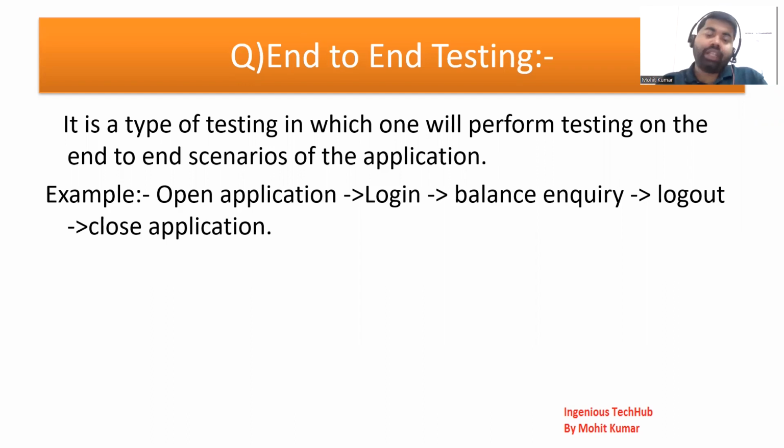We will get many end-to-end scenarios. Like, I log in to the Amazon application, I search for the product, I add to cart, I make the payment, then an order ID will be generated. This is another example of end-to-end testing. You can have many end-to-end examples. You can just explore this.